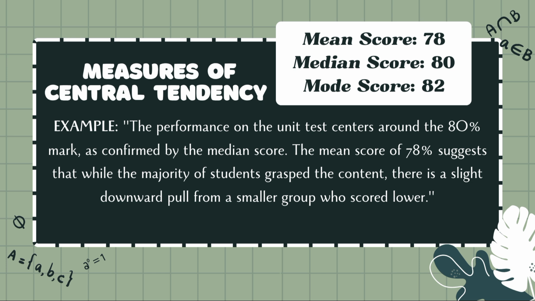The performance on the unit test centers around the 80% mark as confirmed by the median score. The mean score of 78 suggests that while the majority of students grasp the content, there is a slight downward pull from a smaller group who scored lower.